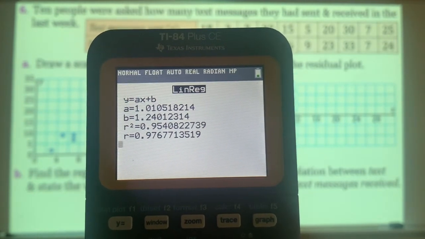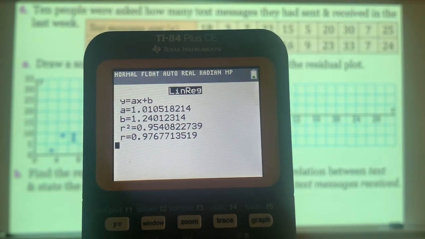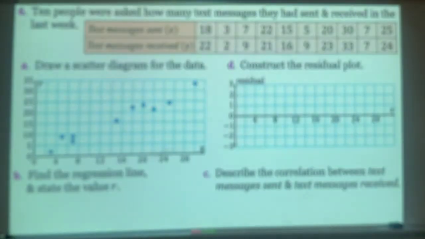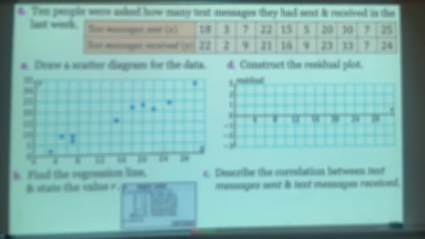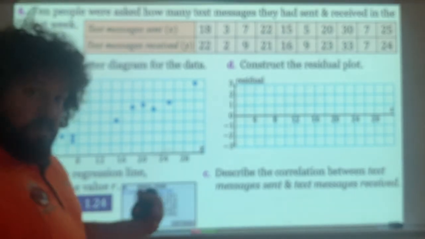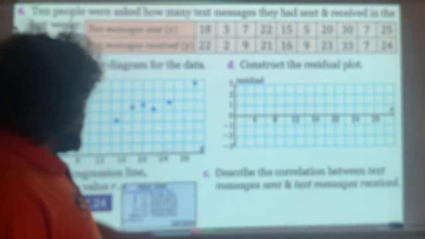And our R is 0.9767 or 0.977. Hopefully. Let's go check it out. Boom! That's the one I did the other day. There we go. 1.01x plus 1.24 with the value of R of 0.977. A very strong positive correlation, which looked like that when we did our graph.